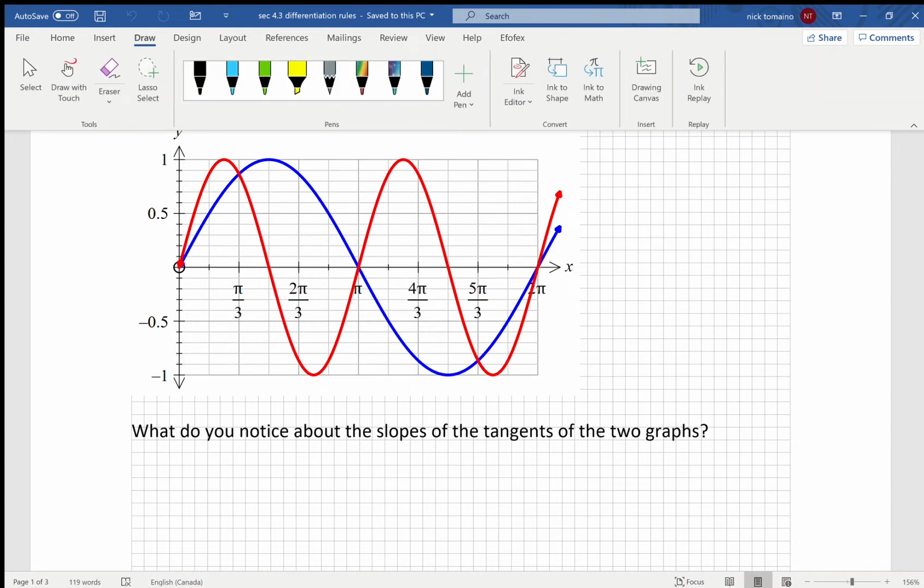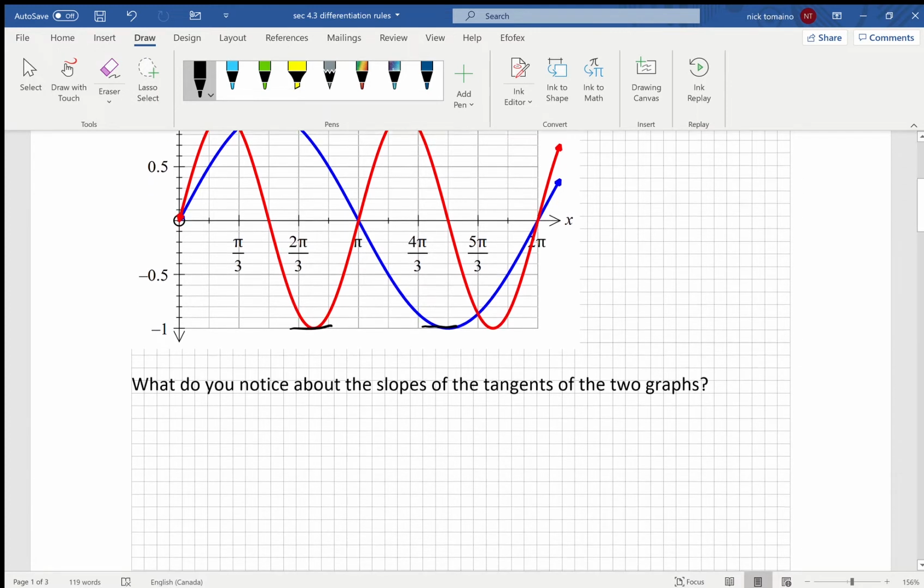So first of all, if I just look at the places where the tangent is 0, so we have 0, 0, and then I'll look at these 2 points here, 0 and 0. We notice that the x values on the red graph are half of the x values of the blue graph. So that means that the derivative is compressed as well.